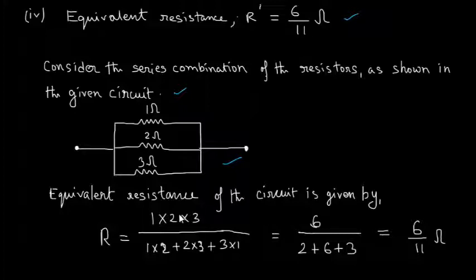So equivalent resistance of the circuit is 1 multiplied by 2 multiplied by 3 upon 1 multiplied by 2 plus 2 multiplied by 3 plus 3 multiplied by 1, that is 6 upon 2 plus 6 plus 3, that is 6 upon 11 ohm.